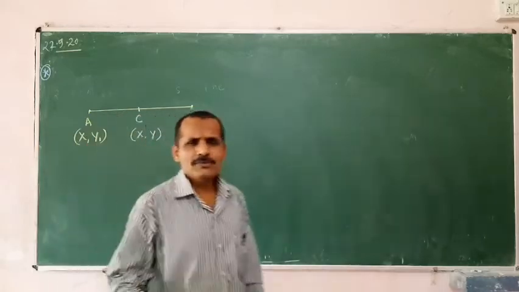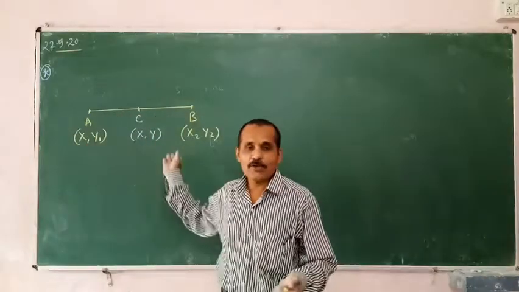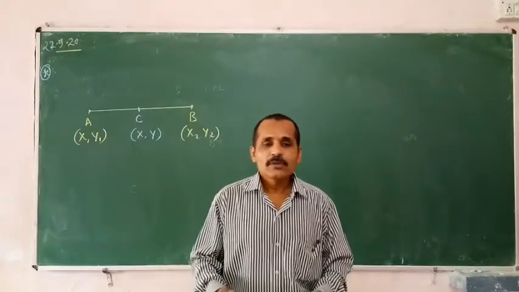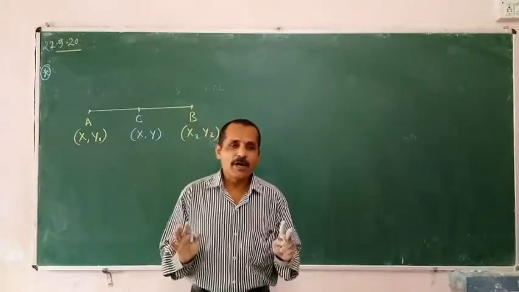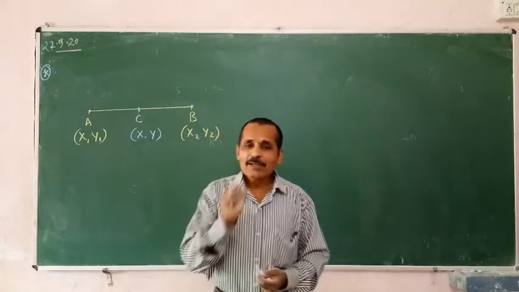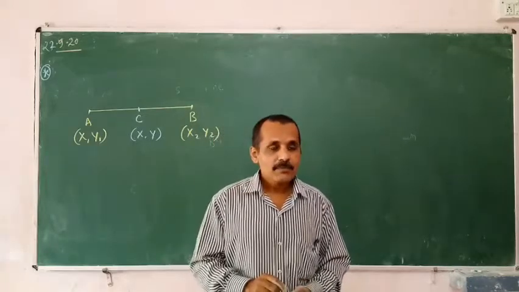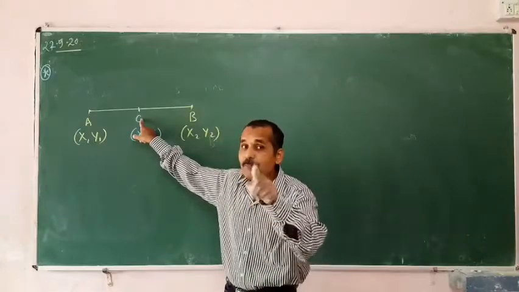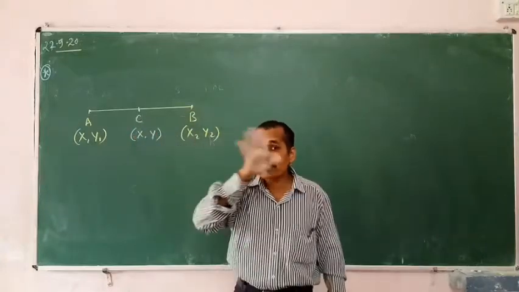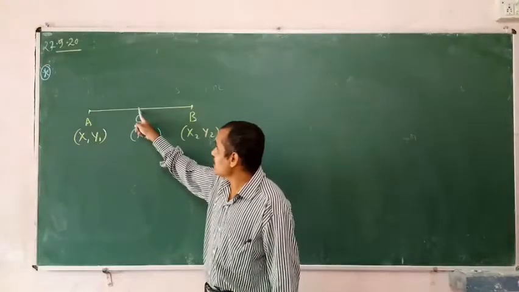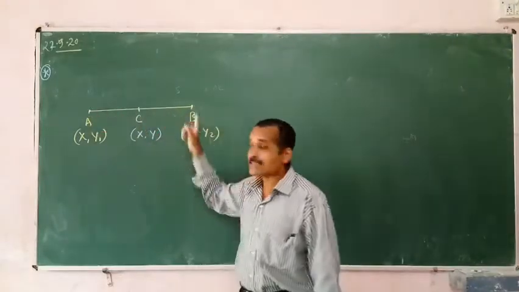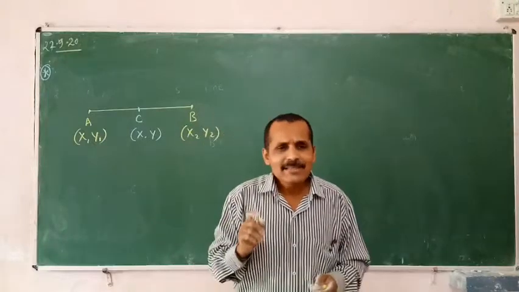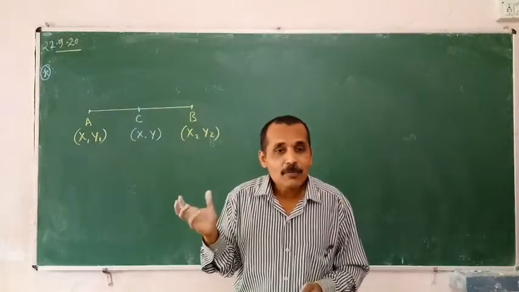What about the ratio? The ratio can be anything. You have seen in many of the problems, it can be 3:4, 1:2, 5:7, 1:5, anything. But my small doubt is, if the point happens to be a midpoint, exactly dividing the line segment AB, that means C is the midpoint of AB, then can we simplify the formula?